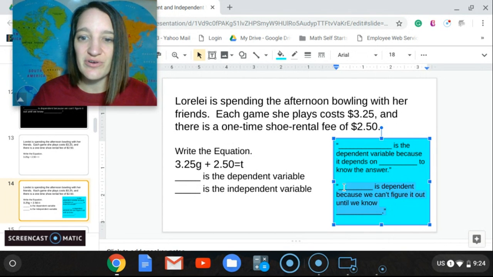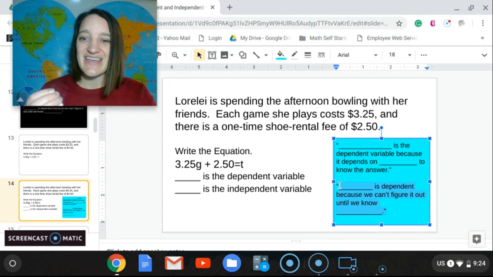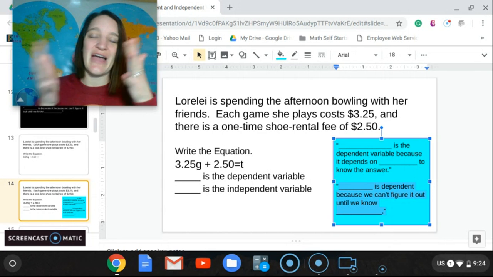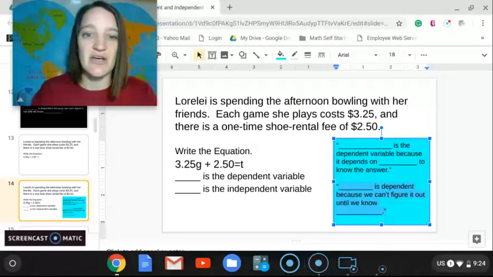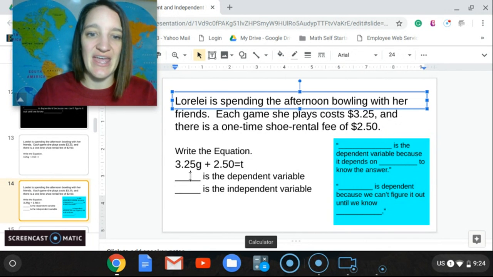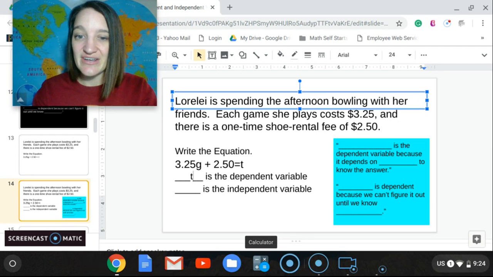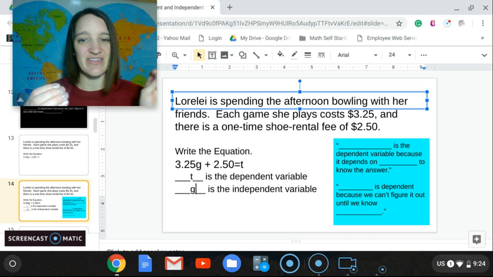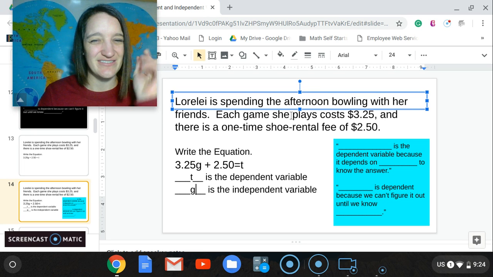The total amount is dependent because we can't figure it out until we know how many games Lorelei has played. So that is why you're going to put a T here and a G here. Your total is dependent on the number of games played. That making sense?